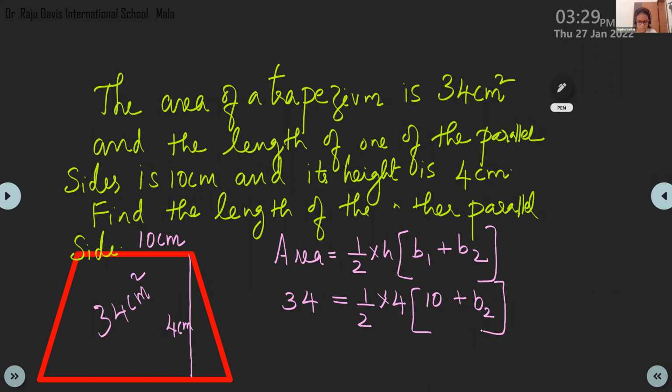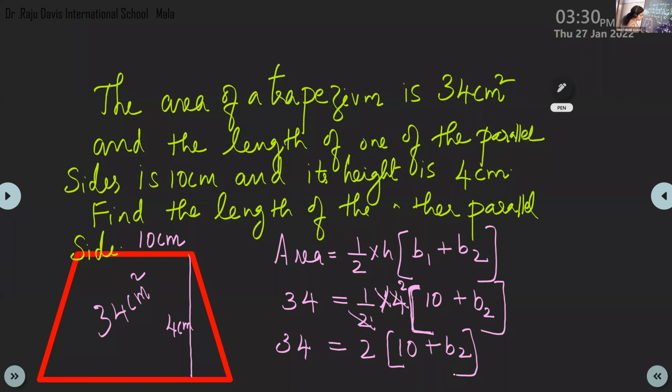Now calculate. 2 and 4 we can cancel because everywhere this is multiplication. Children, when bracket comes, it is multiplication. 2 twos are 4, so we cancel 2 as common factor. Now the equation becomes 34 is equal to 2 into (10 plus base 2).